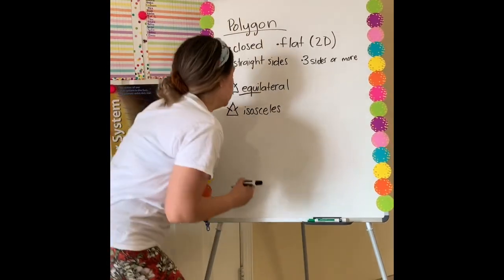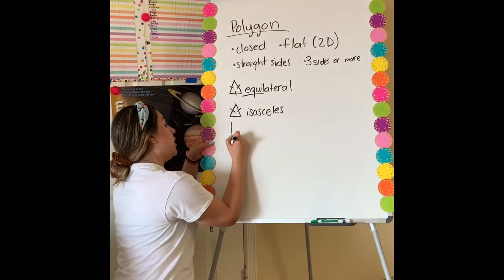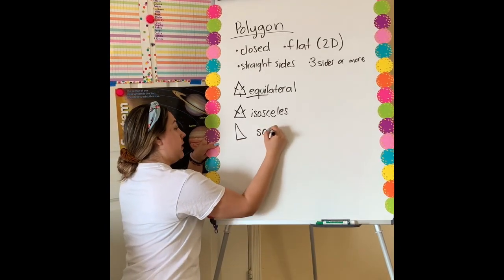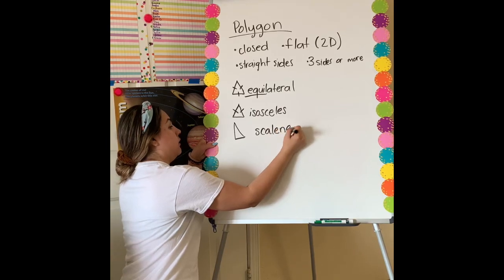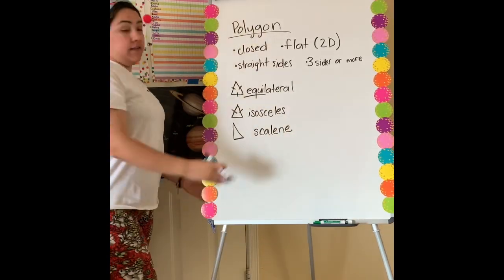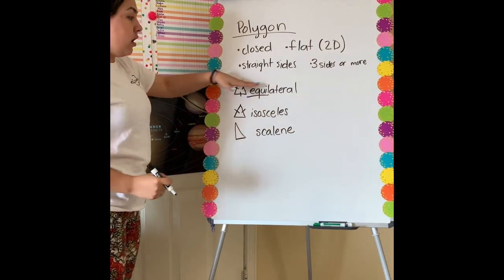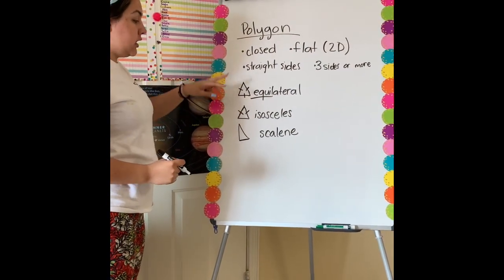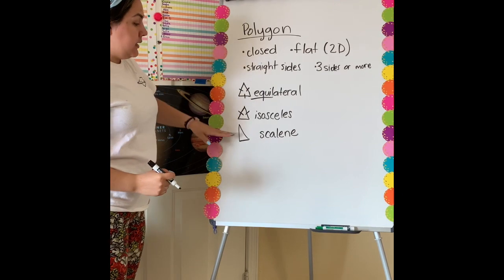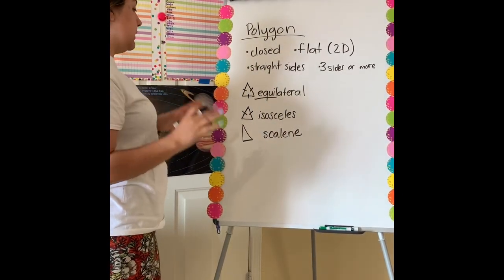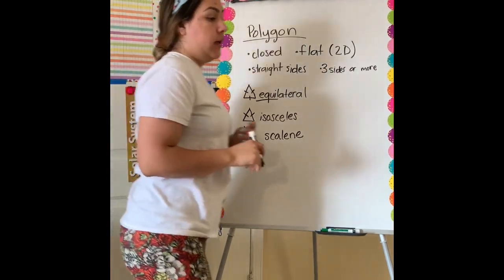And the last triangle is called a scalene triangle. And that means that none of the sides are the same. Okay, so again, there's 3 types. Equilateral, all sides are the same. Isosceles, 2 sides are the same. Scalene, none are the same. Okay, so that is the types of triangles.